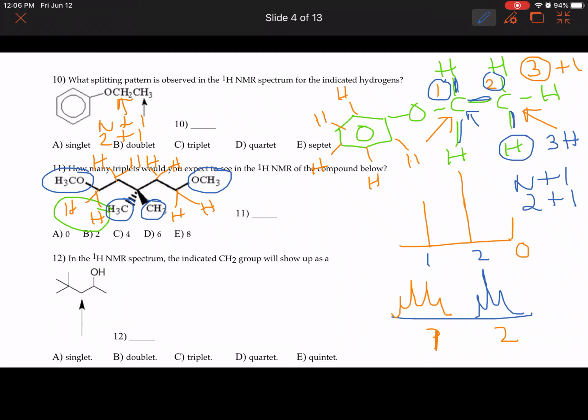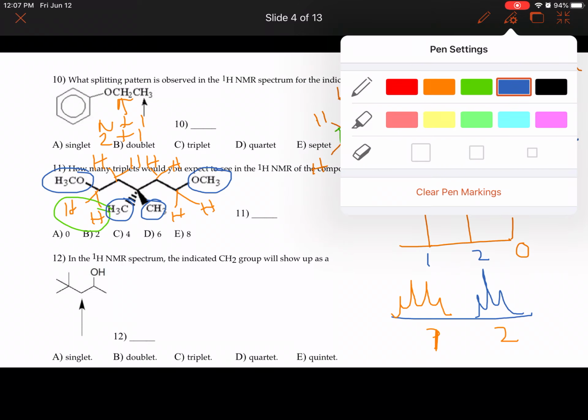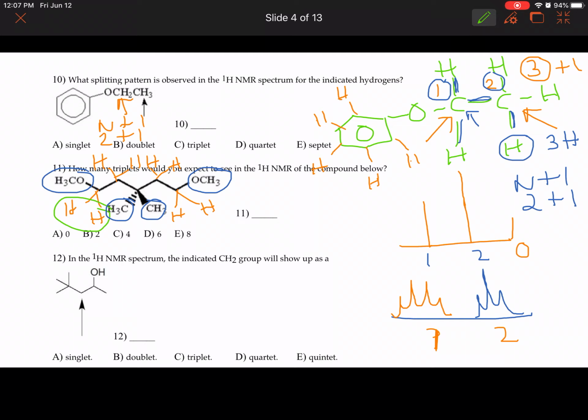But you have to see which are in a similar environment out of these 1, 2, 3, 4, 5, 6, 7, 8 hydrogens. Due to the symmetry of the molecule, the green circle hydrogens are going to be chemically equivalent to these 2 hydrogens.